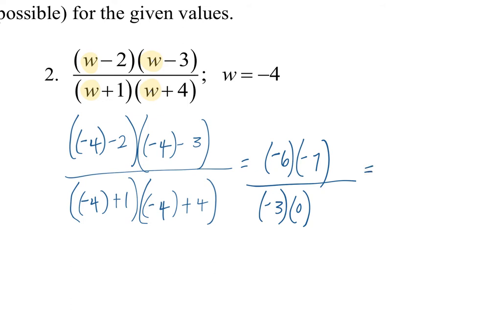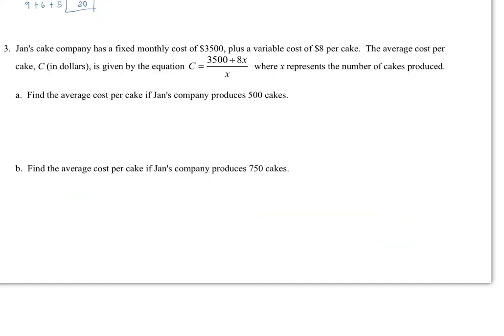In the top, -6 times -7 is a positive 42, all divided by 3 times 0, which is 0. 42 over 0 is undefined. You cannot divide by 0.